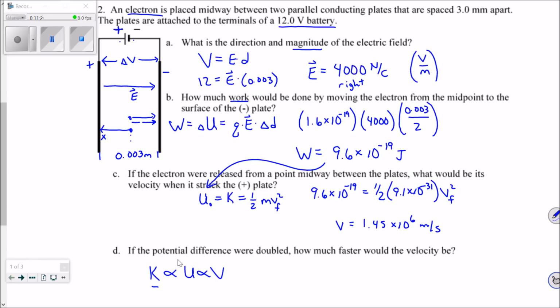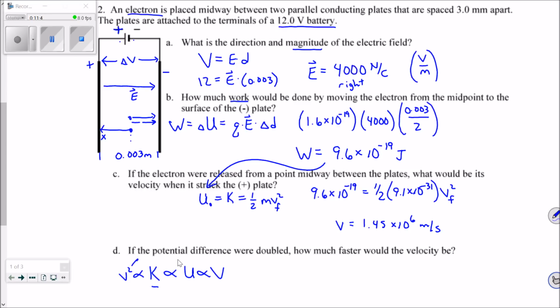that my v squared is proportional to K, which means if I'm going to have my K value double, I cannot double my velocity because that velocity is going to be squared.